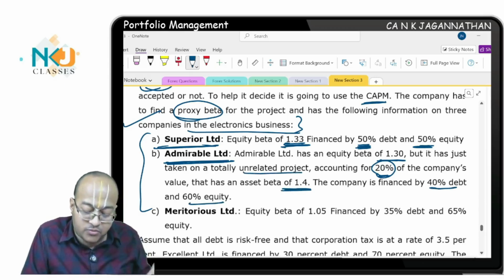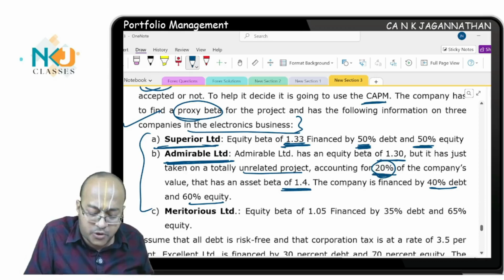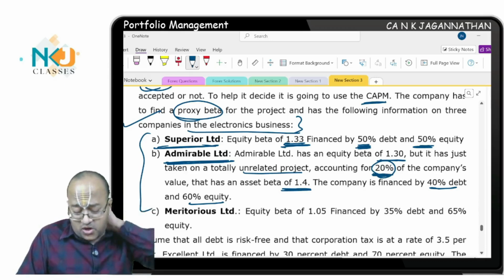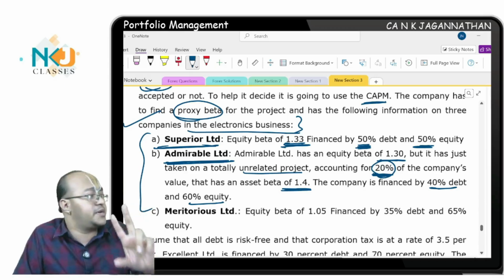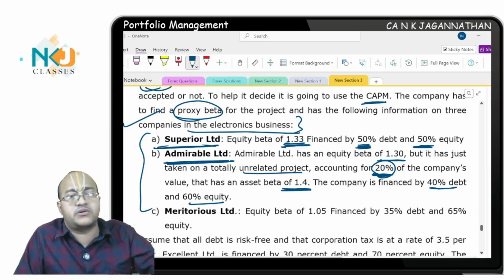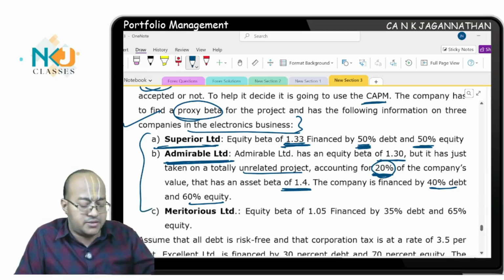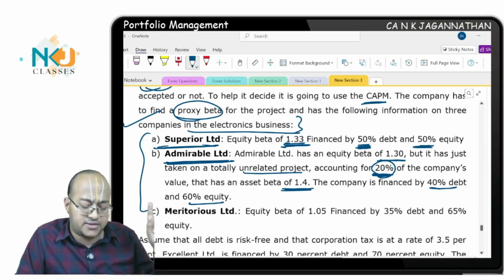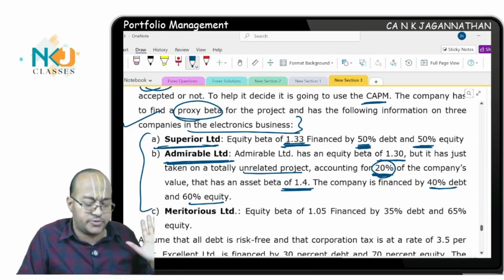In Admirable Limited, what is the adjustment? The unrelated project is 20% of the company's value, which means it is related to some other business, and you should remove it. The asset beta for this is given as 1.4. The company is financed by 40% debt and 60% equity.